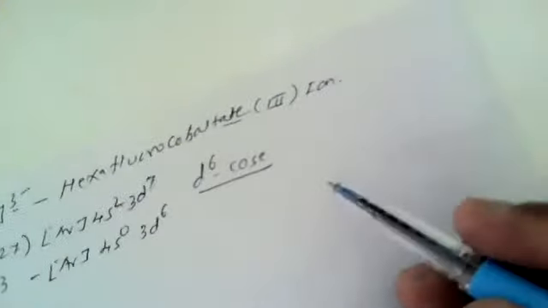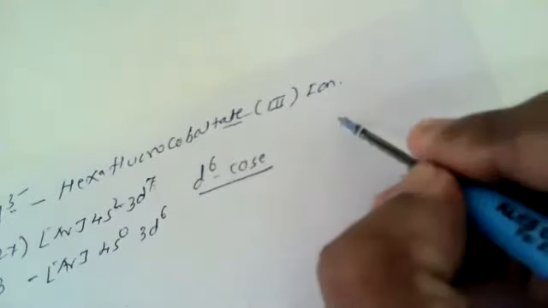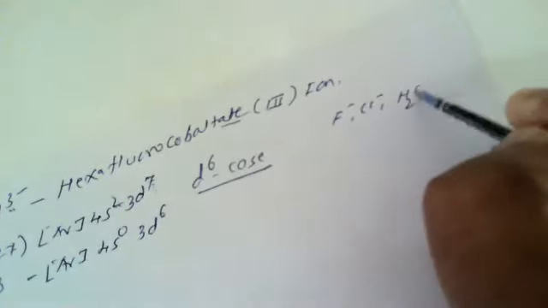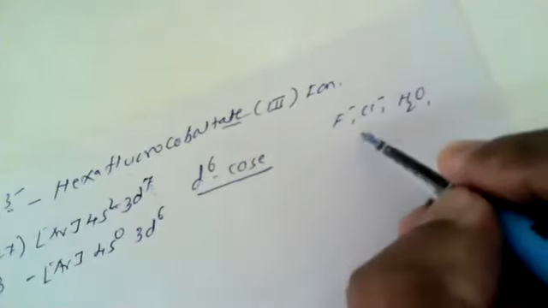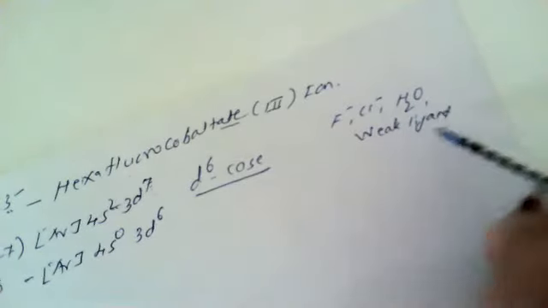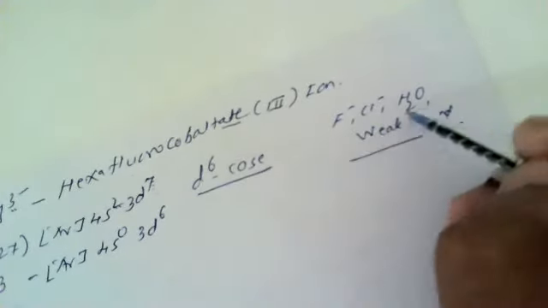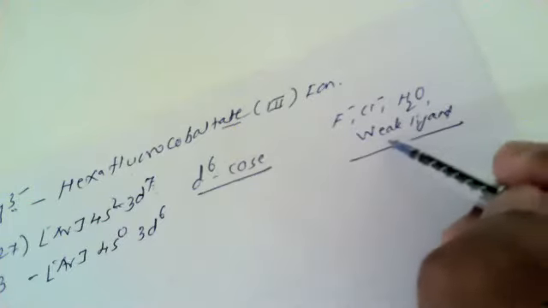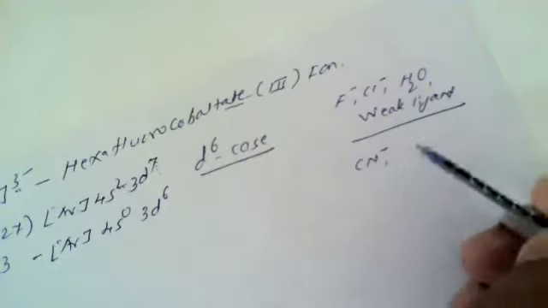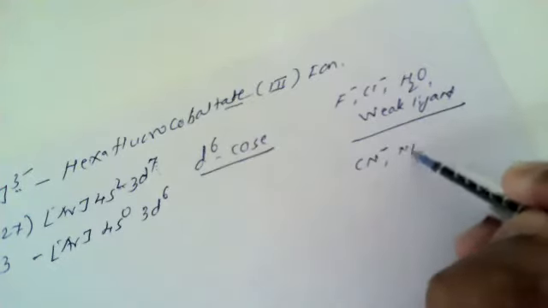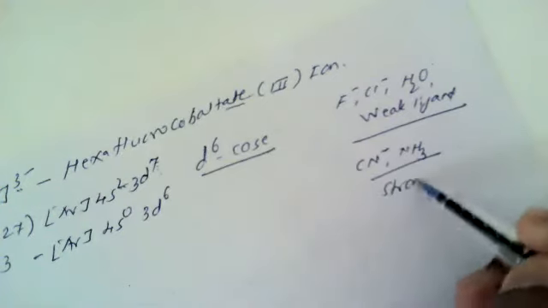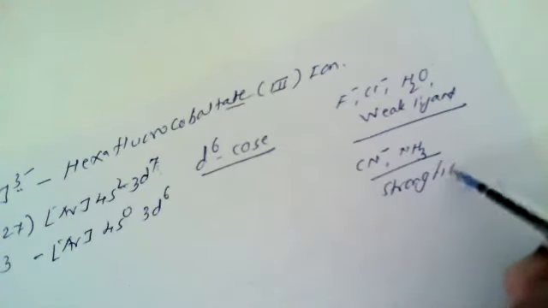Now you should also bear in mind that whenever fluorine, chlorine or neutral water molecules are there, these are weak ligands. You have to mention in your notebook, whenever such types of ligands are involved, they are always weak ligands, and whenever cyanide or ammonia molecules are there, these are always strong field ligands.